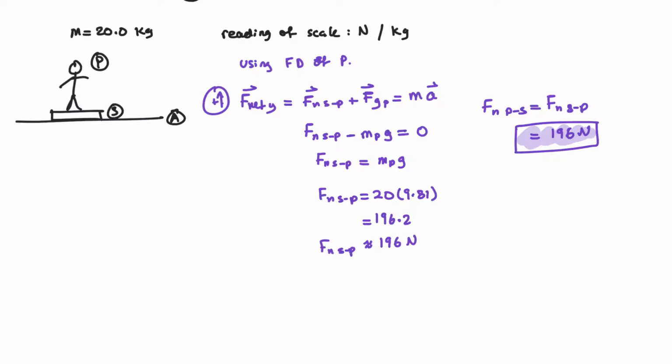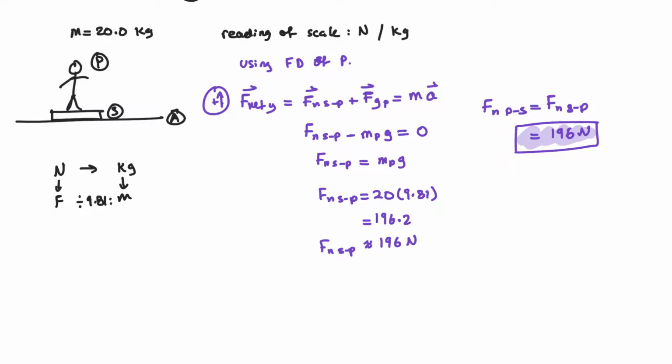And then what they do is they turn that into kilograms, which is a unit of mass, by dividing by 9.81. So basically, when you want to figure out what's the scale reading and you have it in Newton, all you have to do is turn that into a mass by dividing it by 9.81.